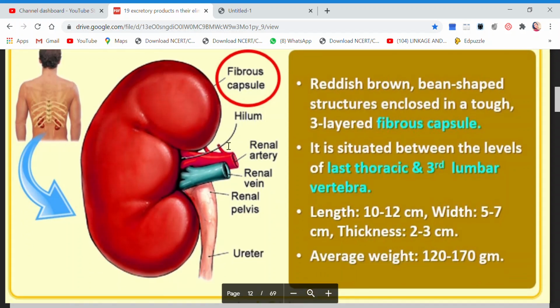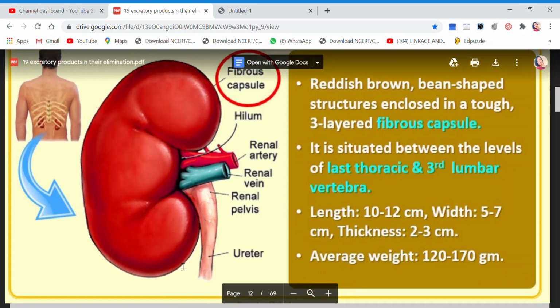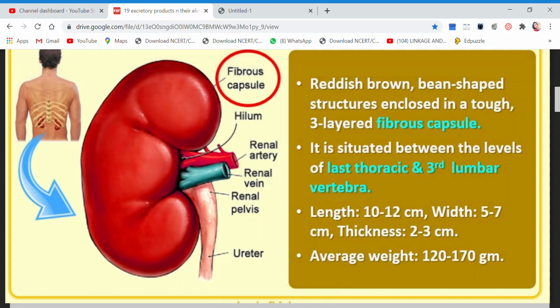Now children, this is a kidney and this is the concave surface they are talking about. Here there is a notch. This is the notch they are talking about, and this notch is called hilum. And through this notch, renal artery, renal vein and the ureter are entering the kidney.